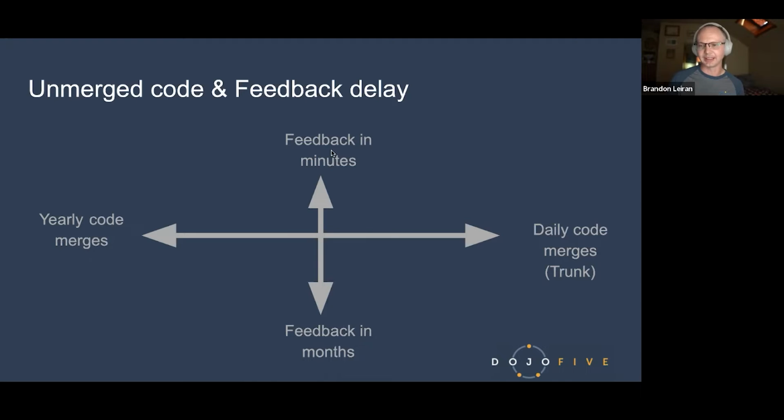Or do I get feedback in minutes, meaning everything's automated and extremely fast? We're going to talk a little bit about some terminology coming up, but if you're way up here in the right-hand corner where you are continuously merging in your work and you're able to get feedback in minutes on that work, then that's the point where, if you want to release it to your users, it's a business choice and not a technology choice. But there's a lot of effort that goes into that.